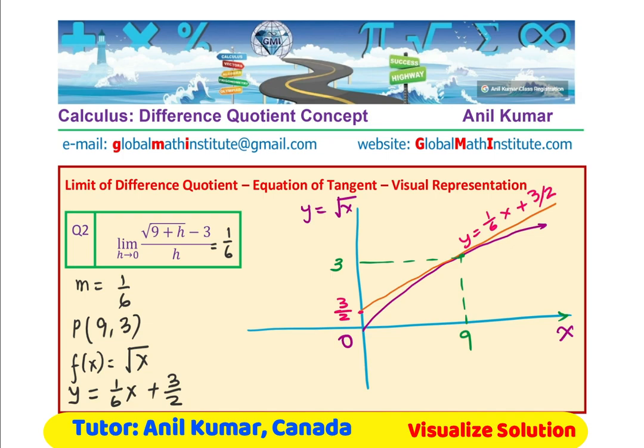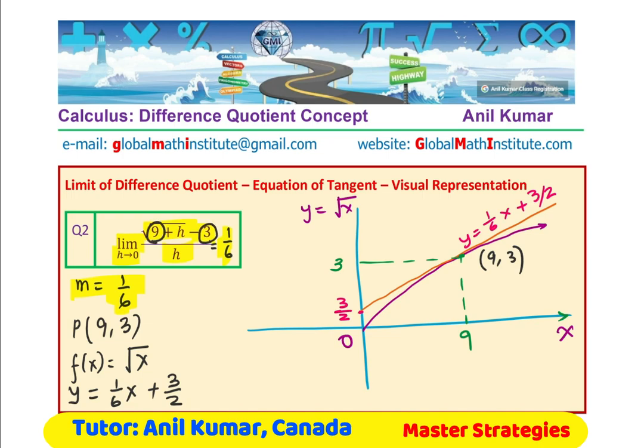So you can visualize now completely that the difference quotient gives you the gradient. And it also gives you the information about the point. So the point here is (9, 3). You get 9 from here and 3 from there.